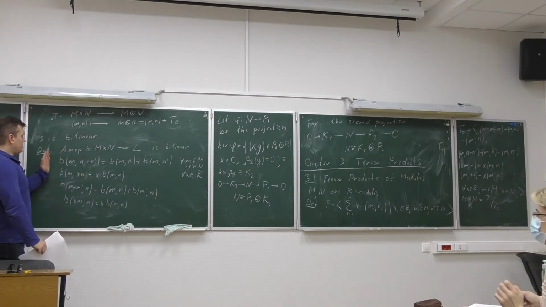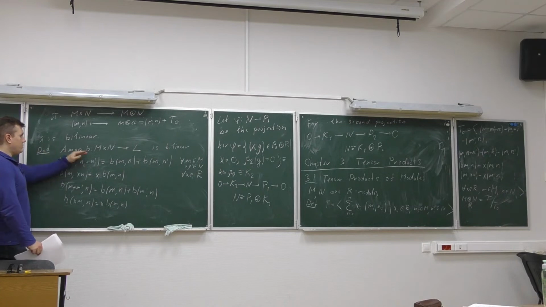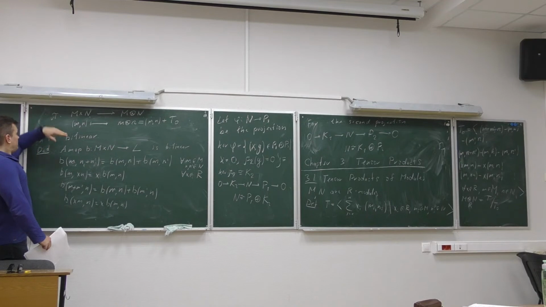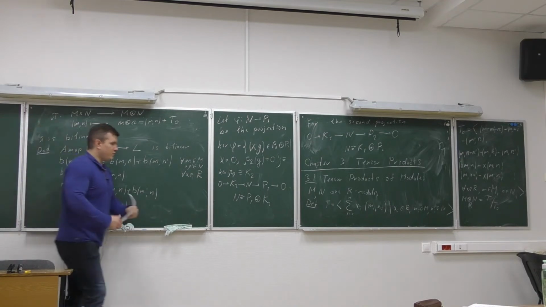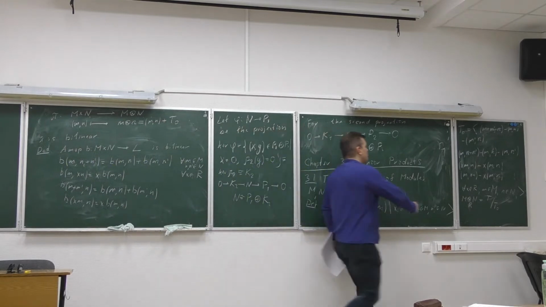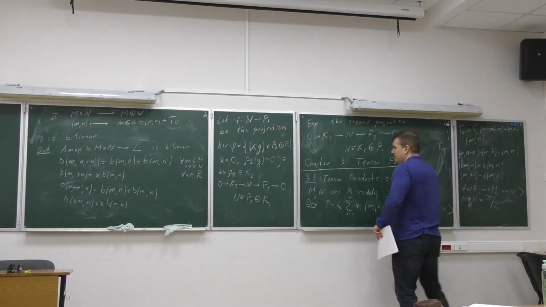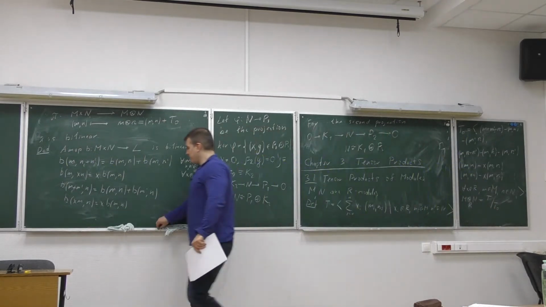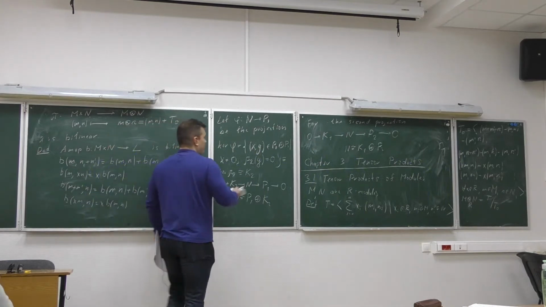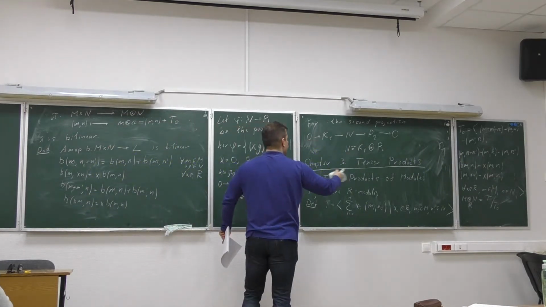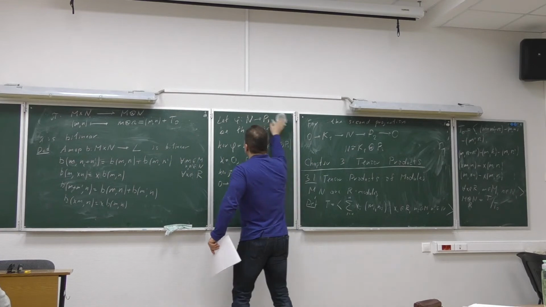This of course works over any commutative ring for any three modules M, N, and L. And this map that we constructed is bilinear. That essentially follows immediately from the definition of T0, because in T0 we put exactly those elements that we want to kill for bilinear maps.